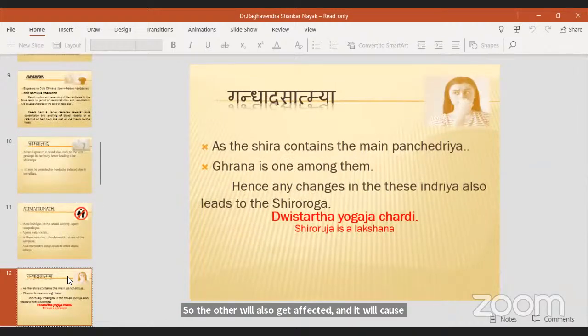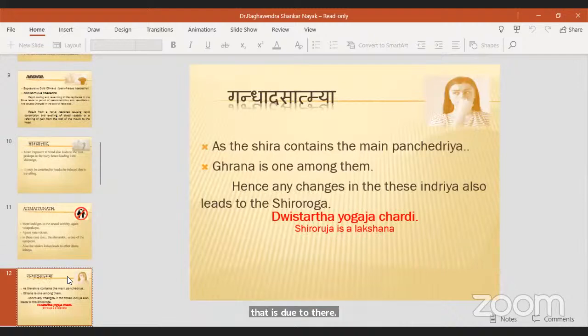Gandhat asatmyat. As Shira contains the main Panchendriya, and the Ghranendriya is also placed here, changes in any Indriya also lead to Shiroroga. Again, one of the Dvishtartha Yogas, Chardi, is due to Gandhat asatmyat only, and there they have mentioned Shiroruja as one of the Lakshanas.